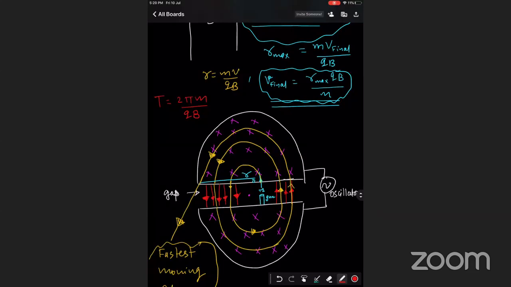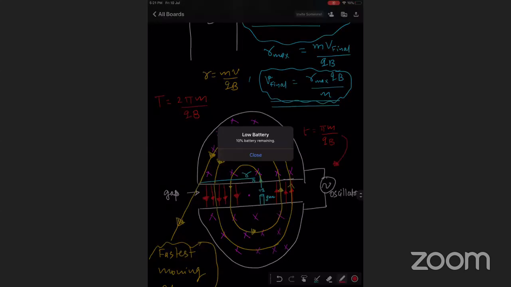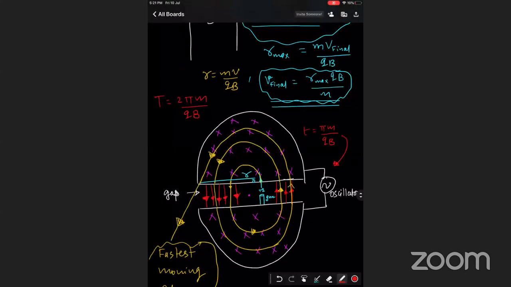After every this time, the oscillator will have to reverse the direction of the electric field. Agree, bacho? Yes, sir. So no problem even if velocity or radius is changing.